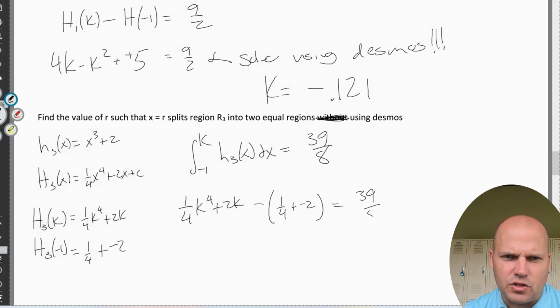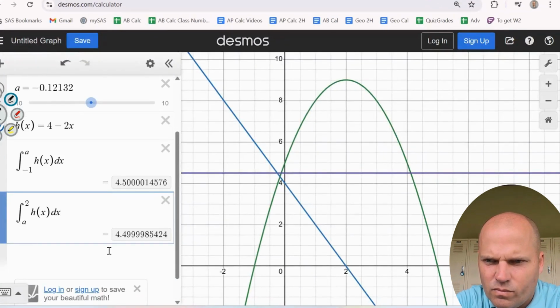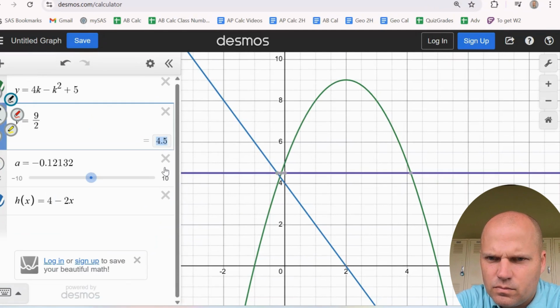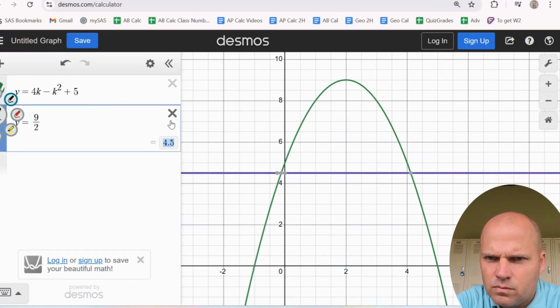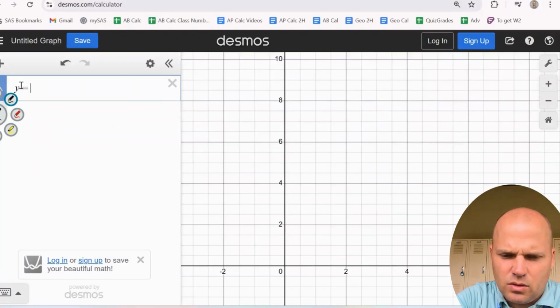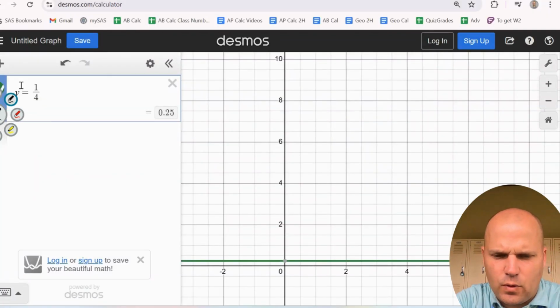And then solve using my calculator. So I'm going to graph y equals 1/4 k to the fourth plus 2k.